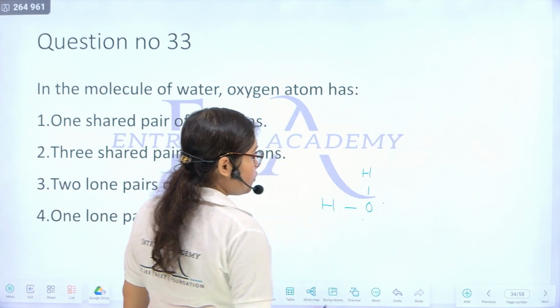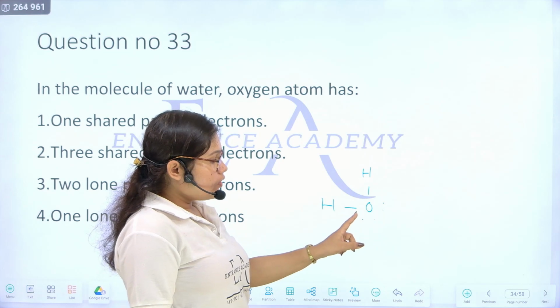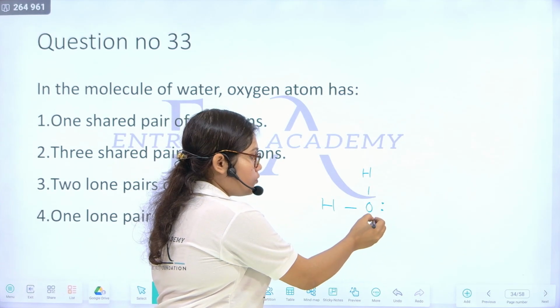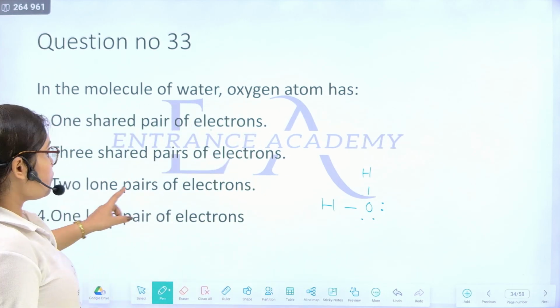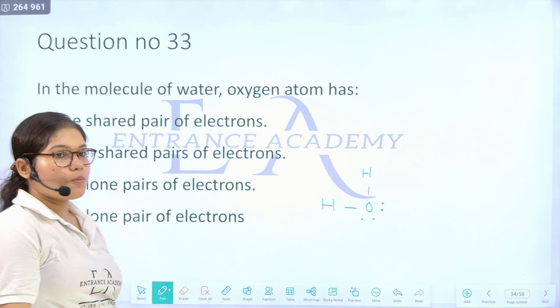One lone pair, 2 lone pairs. So in a water molecule, 2 lone pairs are present. So the correct option is 2 lone pairs of electrons in a water molecule. Correct option is option 3.